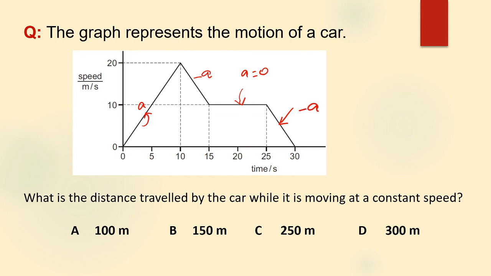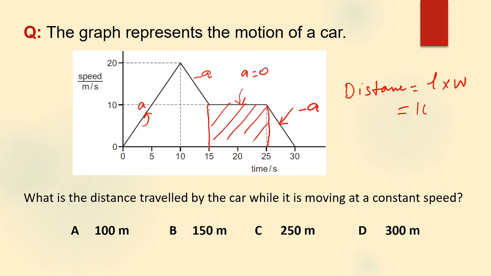The question is, what is the distance traveled by the car while it's moving at a constant speed? So this section shows only the constant speed. So we are going to find the area of this section. According to the shape, it's length multiplied by width. So the length is 25 minus 15, that's going to be 10.